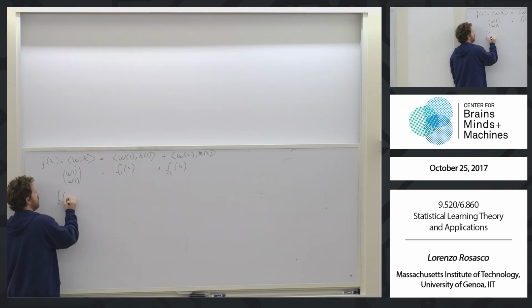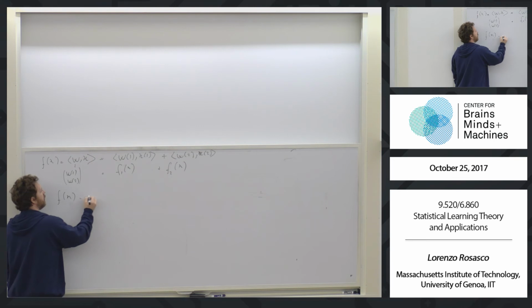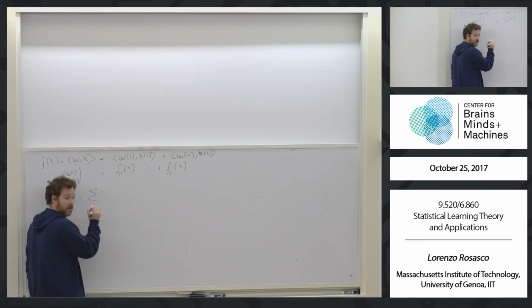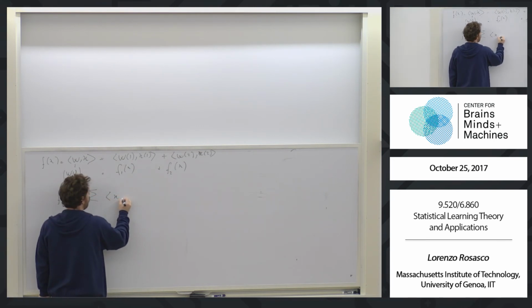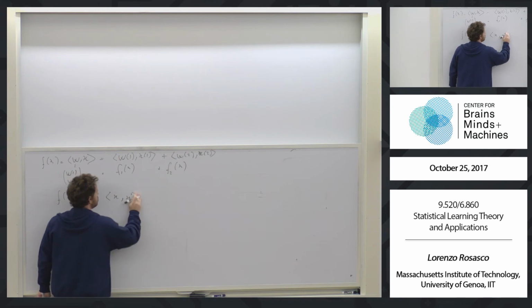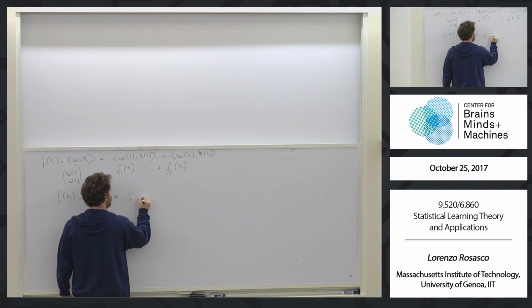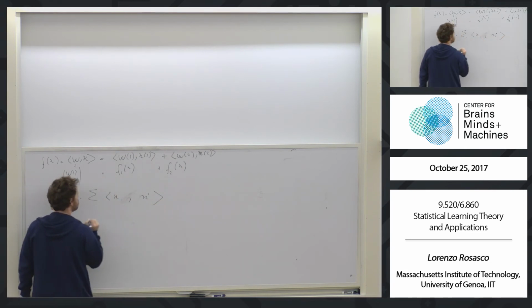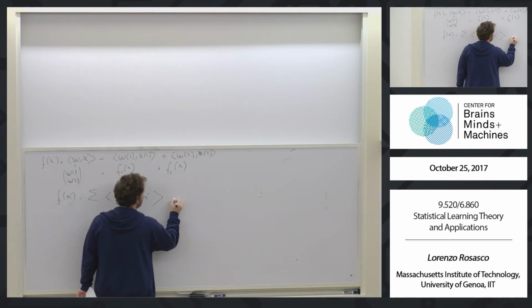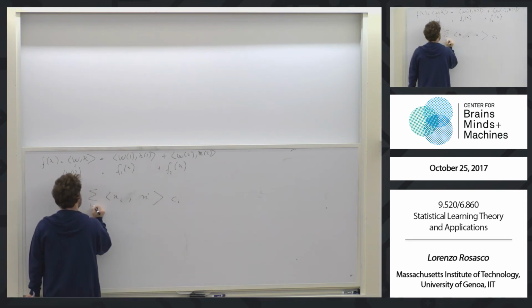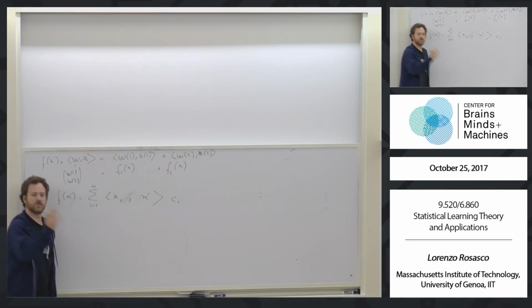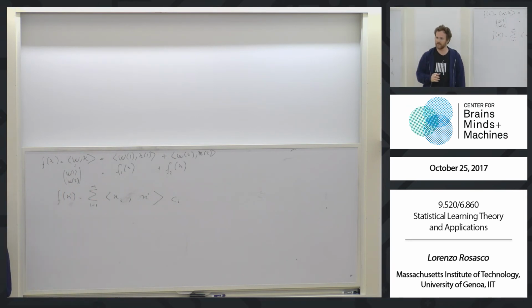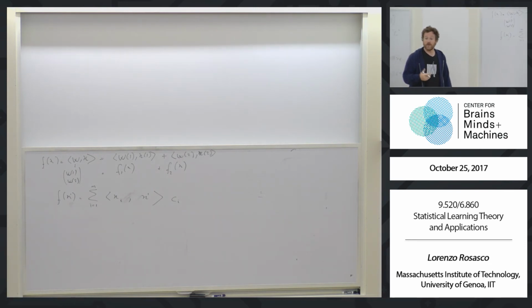You can write it, say, F1 in the linear case, as just a superposition of kernels. So this was the representer theorem for SVM-like stuff. Here I want to do the same.